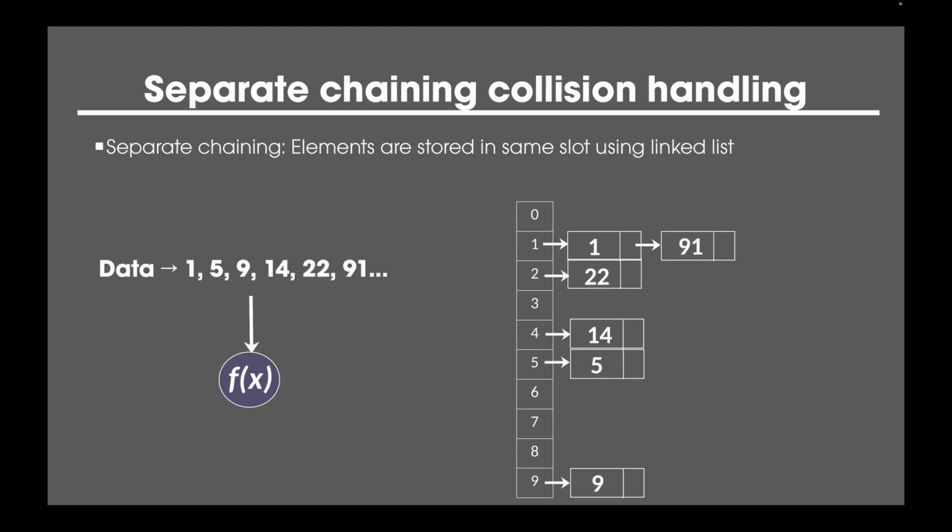After a collision occurred, the new data is simply added to the chain at that index, typically at the head or the tail of the linked list. This allows multiple elements to coexist at the same index while maintaining efficient lookup, insertion, and deletion operation within the chain.